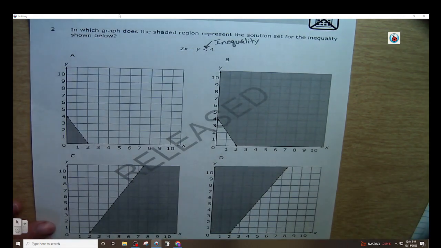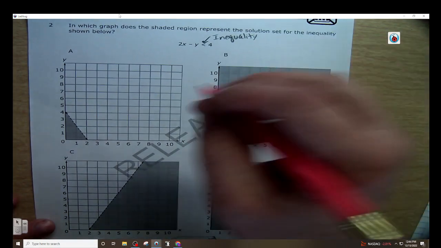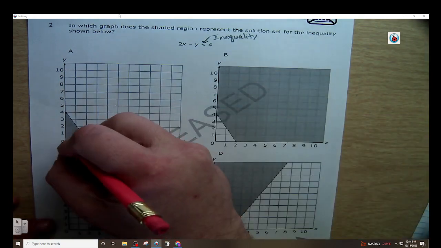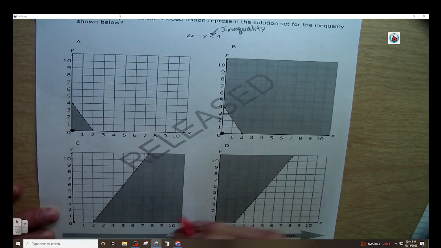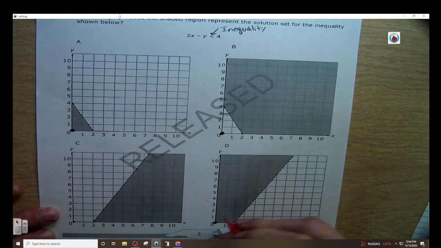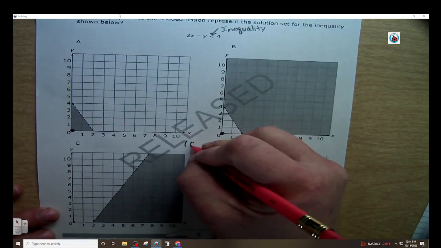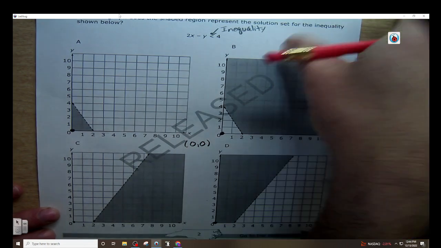Okay, so we always chose 0, 0. So 0, 0 is the origin, which is represented by the little dot I'm showing right here. Now remember, that point represents the x value of 0 and the y value of 0.